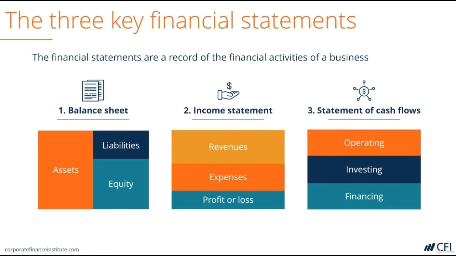It shows how much cash the company has brought in and how much it has paid out, organized into three categories: cash from operating activities, cash from investing activities, and cash from financing activities. Now, in this module, we're going to focus on the balance sheet and income statement in more detail.